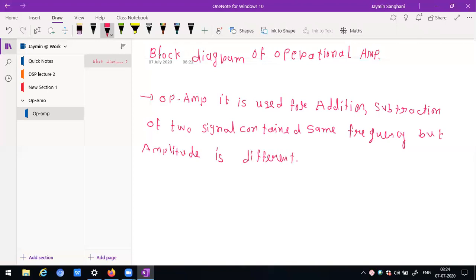This is considered as a fundamental concept of operational amplifier.